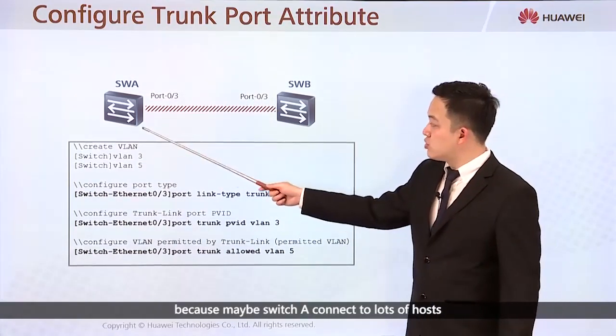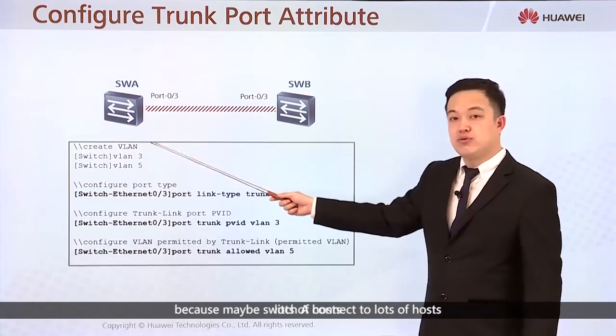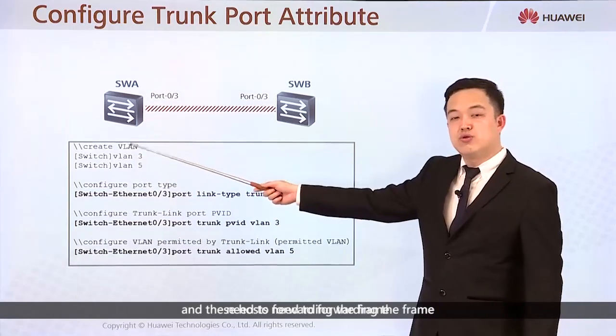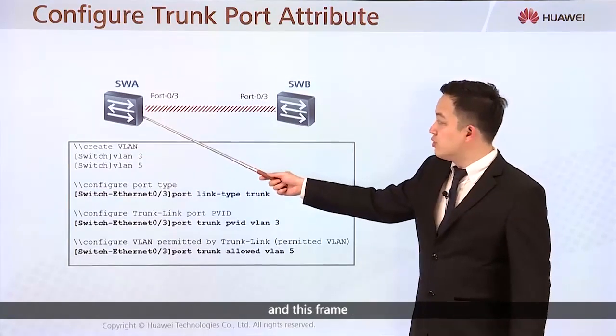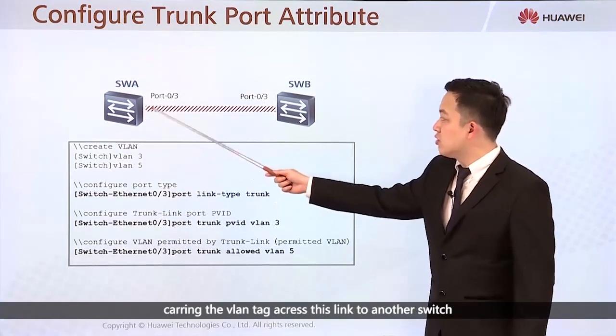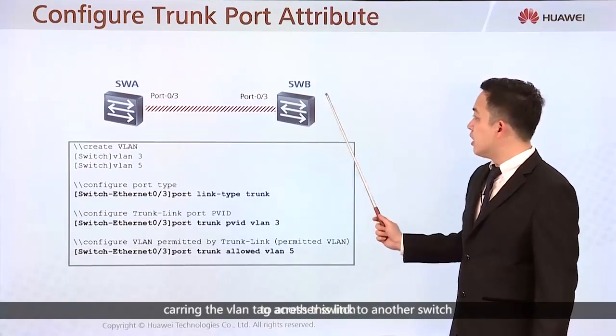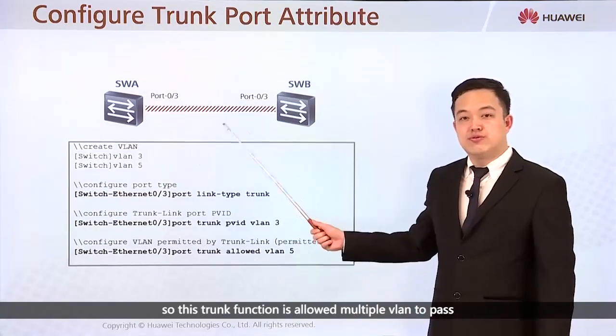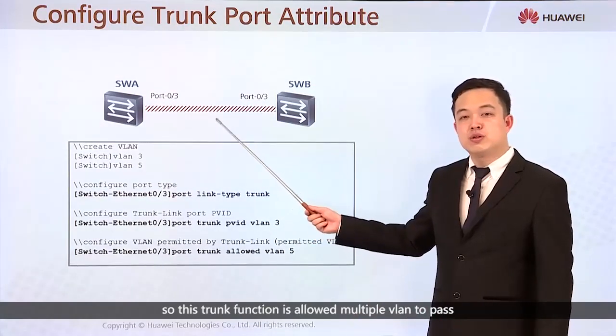Because maybe switch A connects to lots of hosts, and their frames carry the VLAN tag across this link to another switch. So the trunk function allows multiple VLANs to pass.